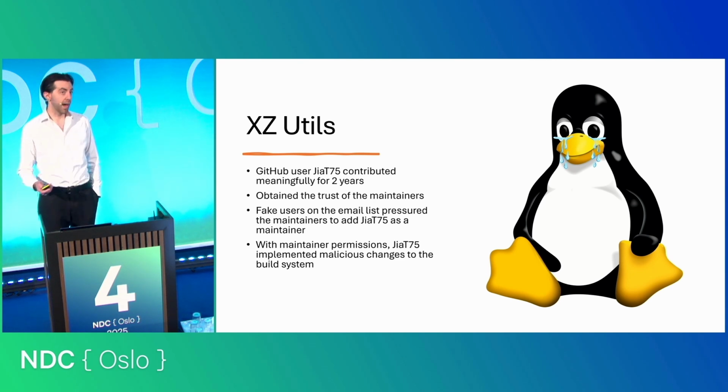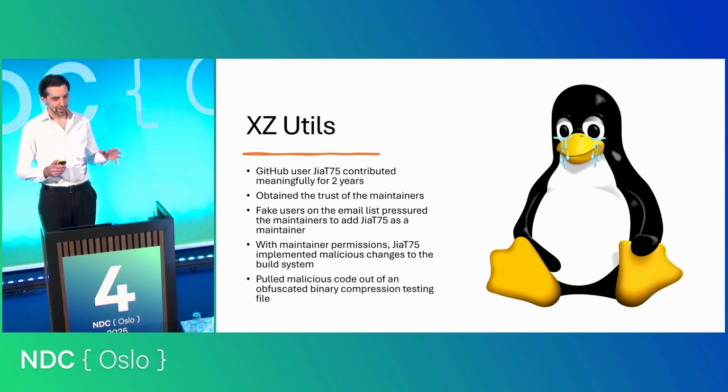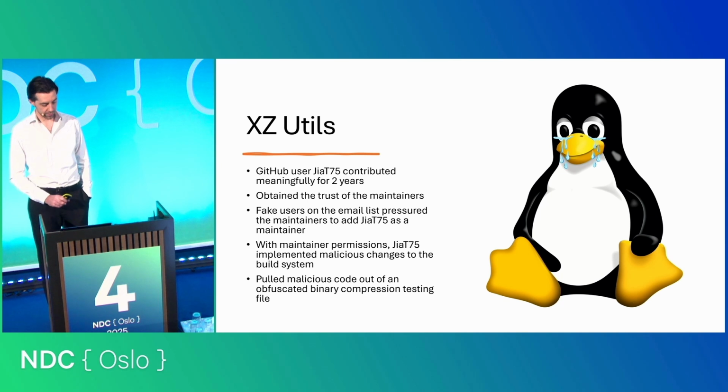And once Gia had those permissions, they implemented malicious changes to the build system. Now, what they did was not obvious. And this is where I think it really gets ingenious: instead of pushing malicious code that anyone could have seen, this library, because it's a compression library, has a bunch of test files with it that are just binary data of various sorts, and they use these test files to test and benchmark the compression ratios and performances.